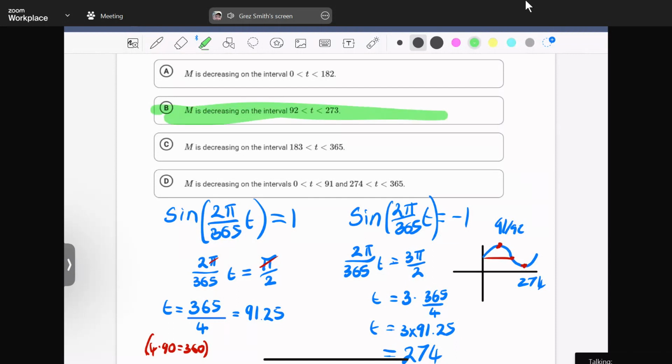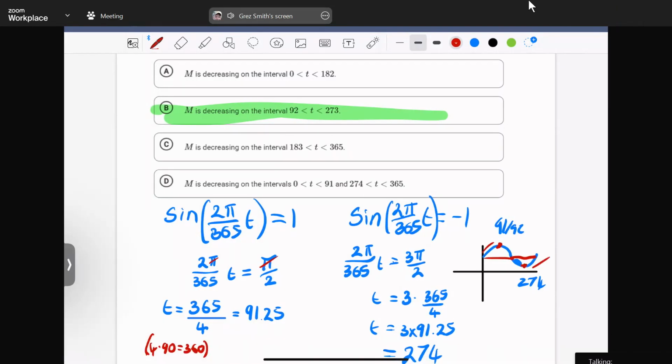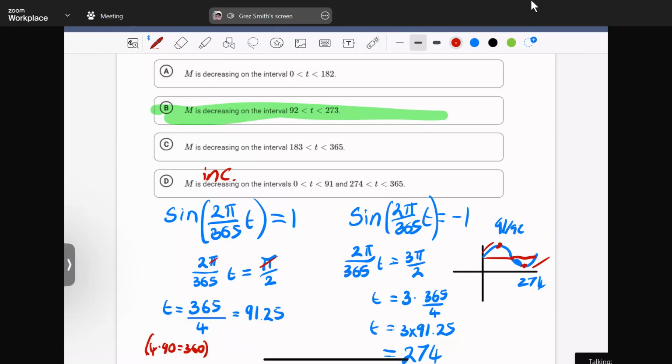This next one, C, is obviously going to be this interval here. No, sorry, C is this interval here. And then D is where it's there and there. So D would be increasing on those two intervals there. So it has to be B.